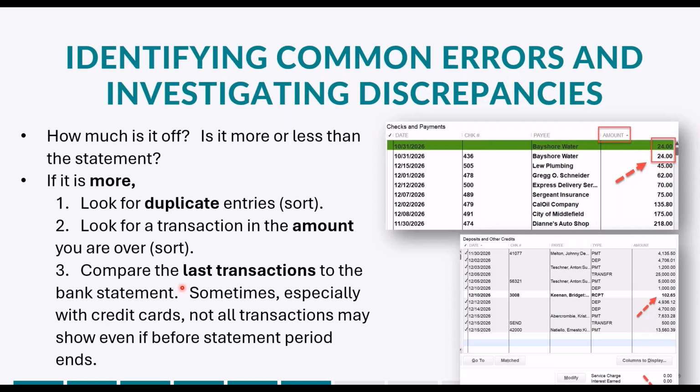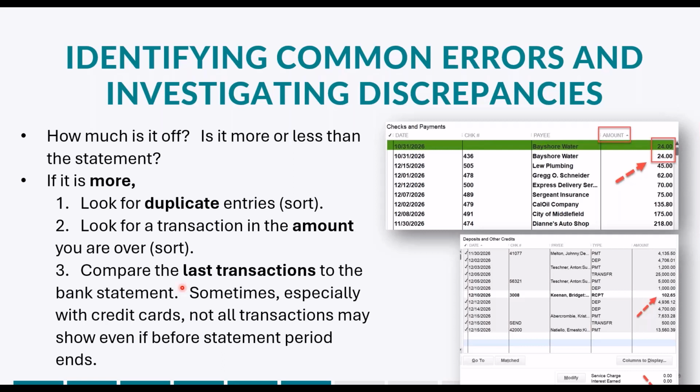If you have a credit card especially, they tend to go like middle of the month for whatever reason. A lot of times, like Amex, let's say the statement is through the 12th. So you've got everything cleared off except transactions that have come in through the 12th, but you're off, right? You're over. Look at the last several transactions and compare it against your bank statement.